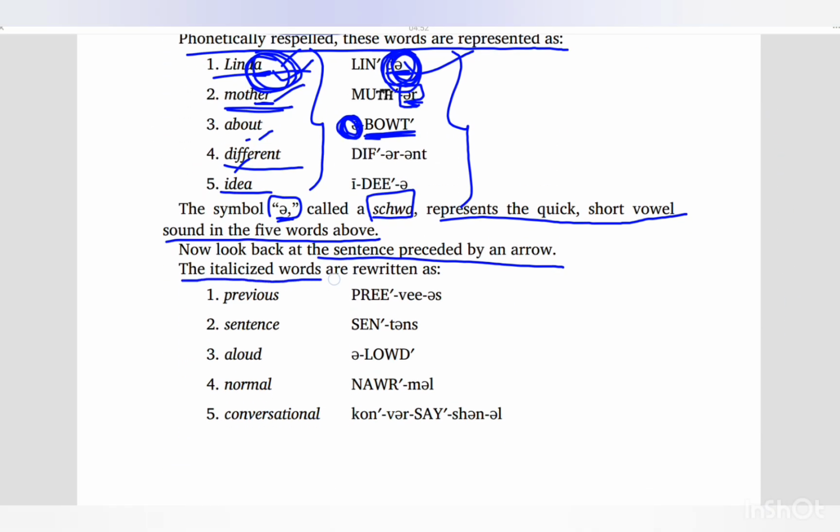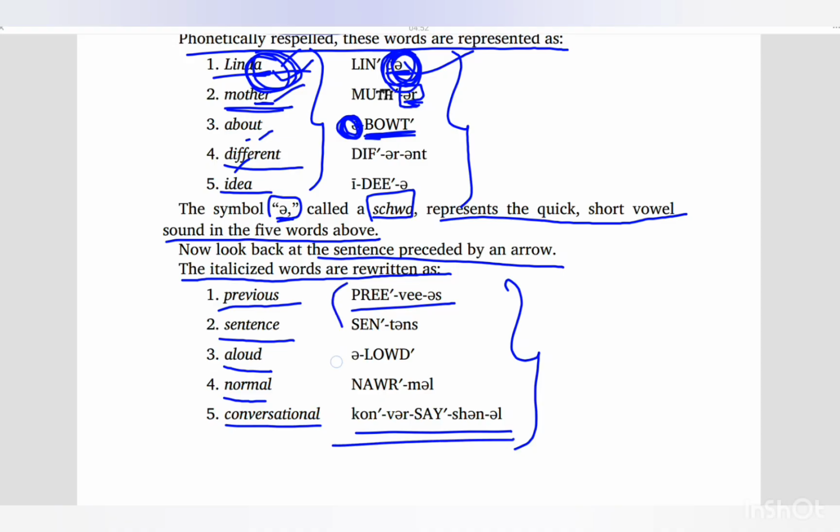The italicized words are rewritten as previous, sentence, aloud, normal, conversational. We will learn how these phonetic symbols sound, okay? We don't know about these symbols yet, we will learn that.